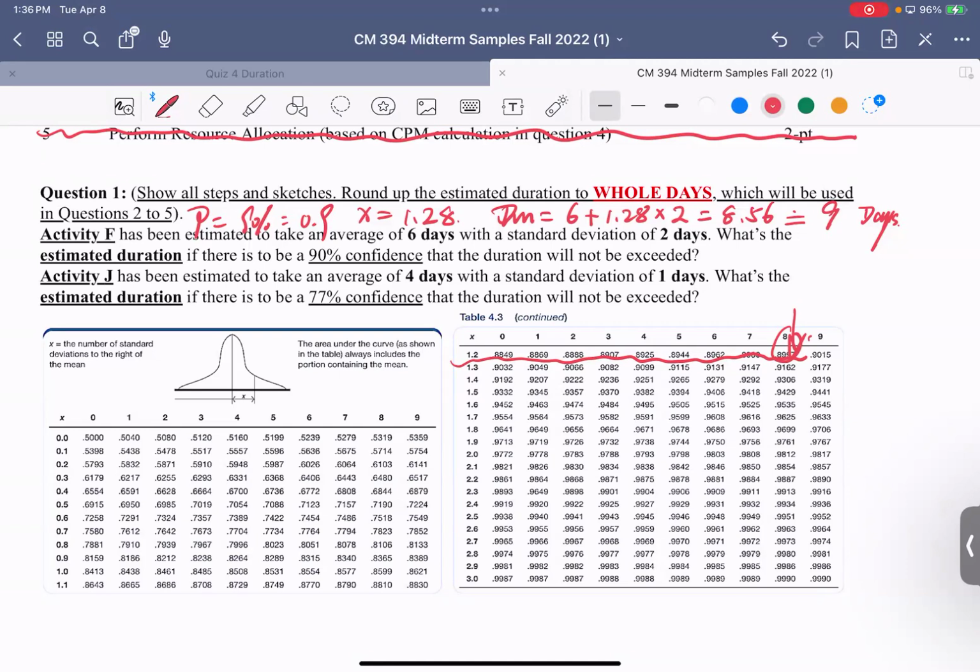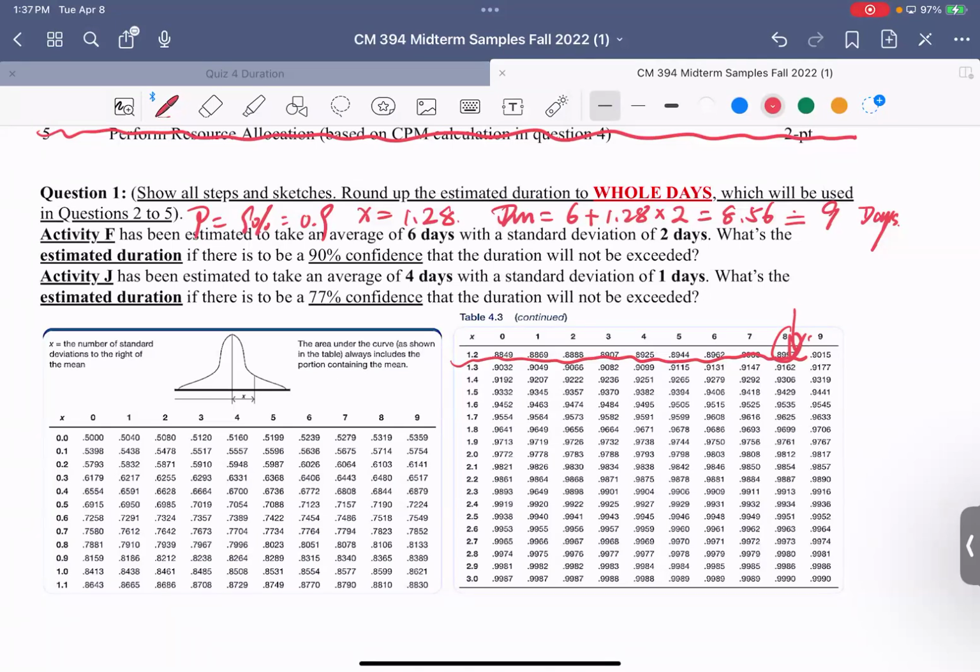So think about it. You don't need to take down your notes, I'll post it on the Blackboard. Am I doing it correctly? You know your P is 90, and based on the table you find here the one closest to 90. Then you determine your X is equal to 1.28. Once you know X is 1.28, then your duration will be the mean plus X times the standard deviation.